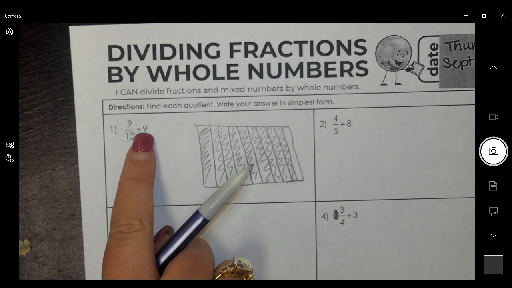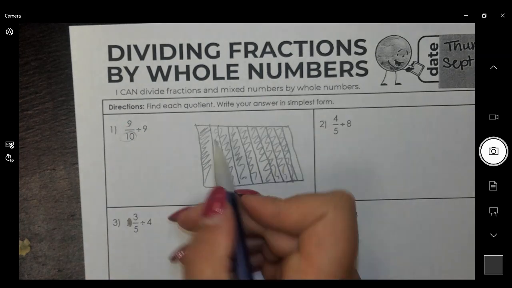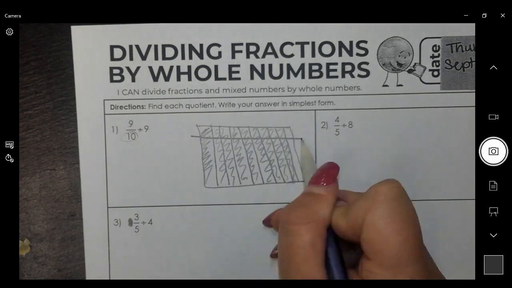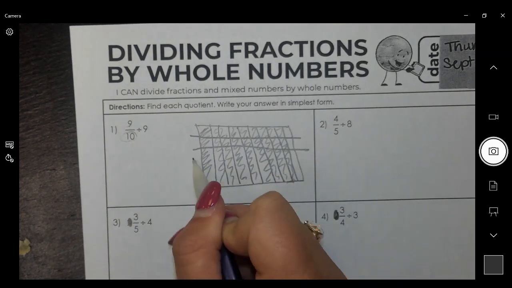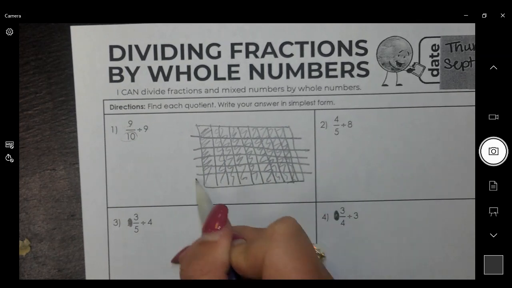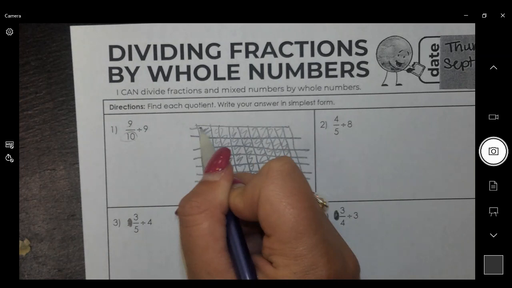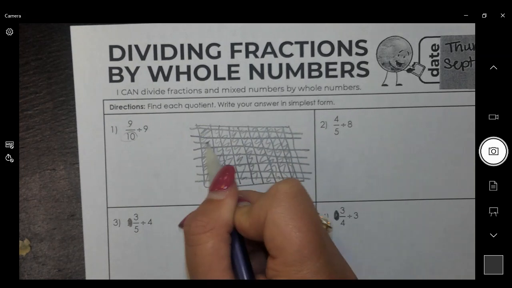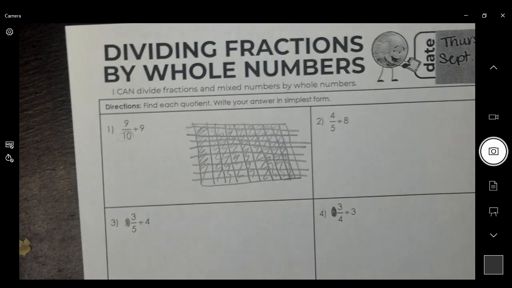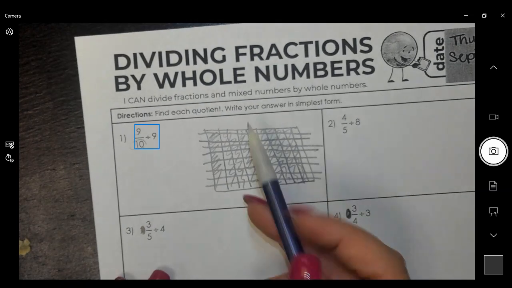And we're dividing 9/10 by 9 people. So I've got to cut, like I cut my Play-Doh, by 9. 1, 2, 3, 4, 5, 6, 7, 8. I know it's going to be tiny, but there is 9. Okay, so I have 9.